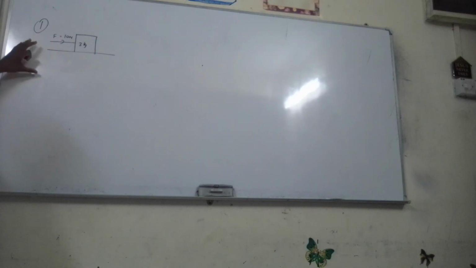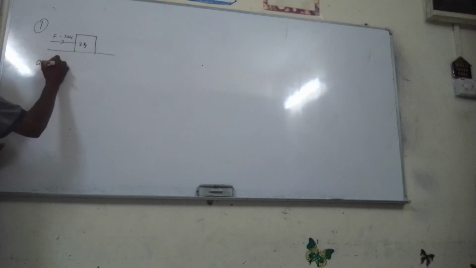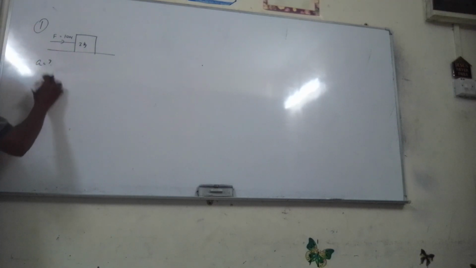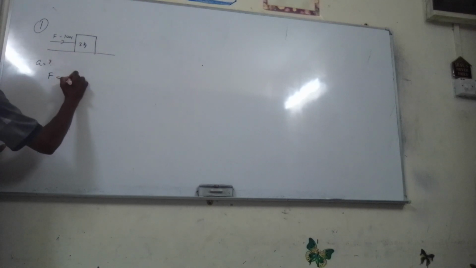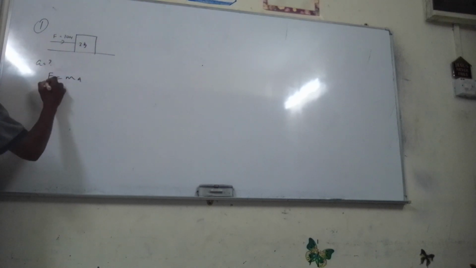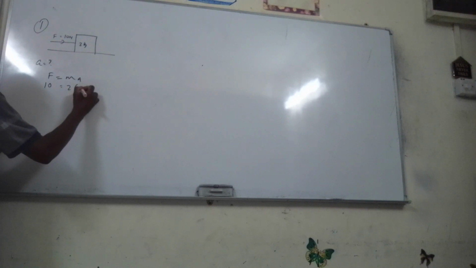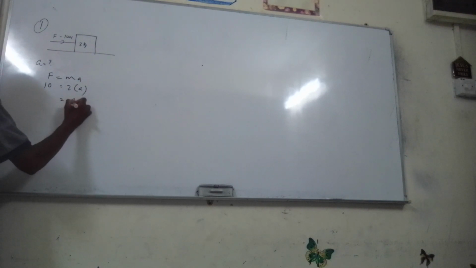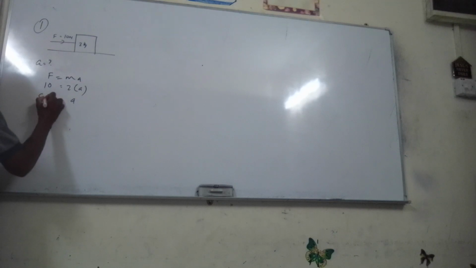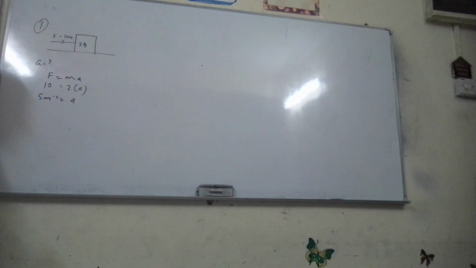The mass is 2 kg. What is the acceleration of this object? F equals ma. F equals 10 Newton, m equals 2 kg, and the acceleration we don't know. So the acceleration equals 10 divided by 2, which is 5 meter per second square.